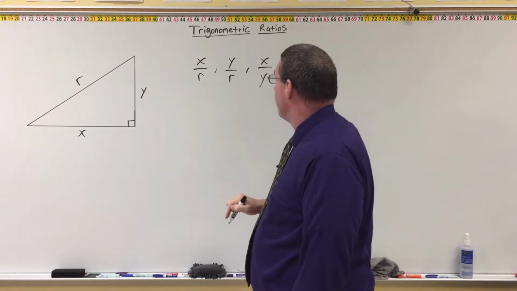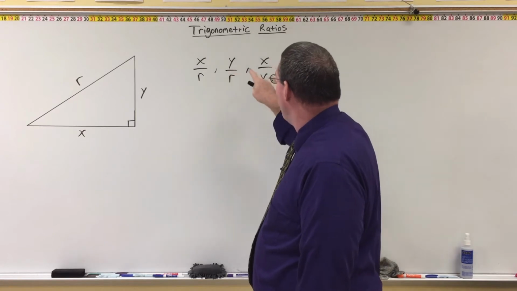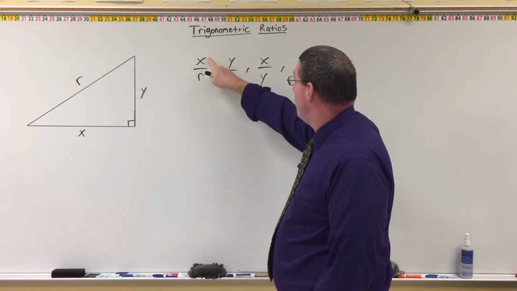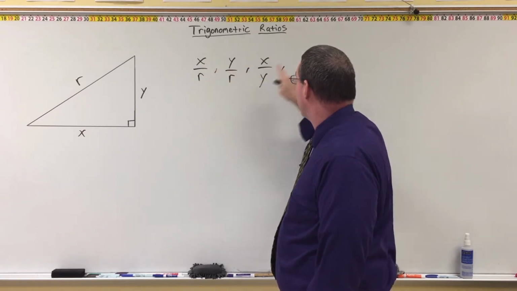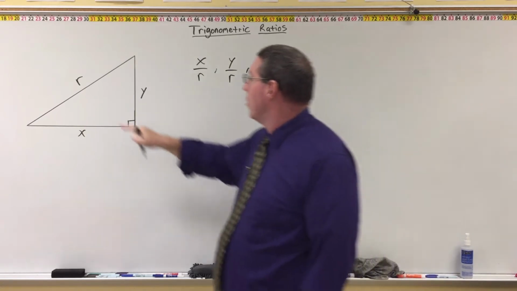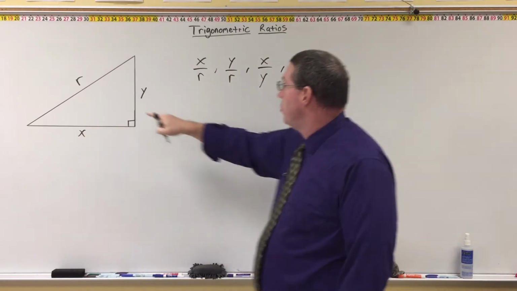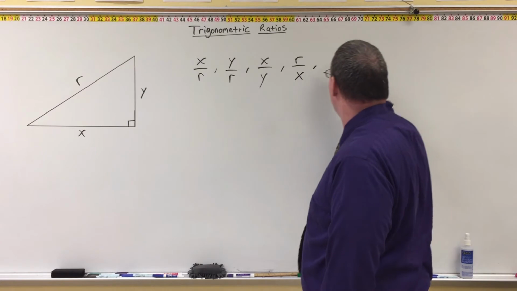Now, look, there's no fractions where r is in the numerator. We only have r in the denominator, so let's do one where r is in the numerator. How about r over x? And we can also do r over y.